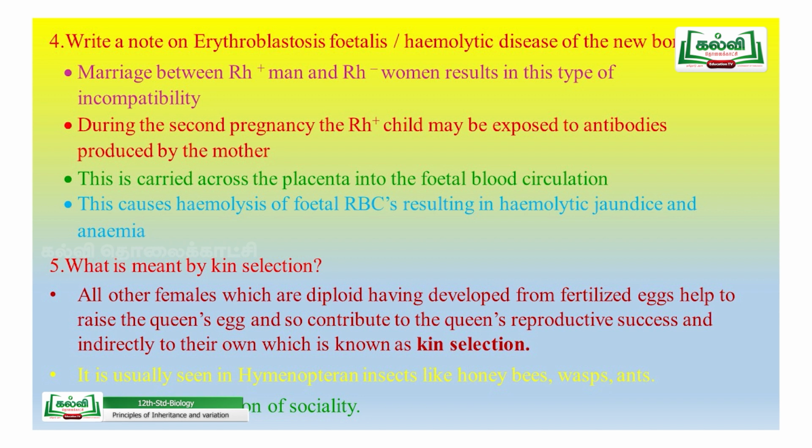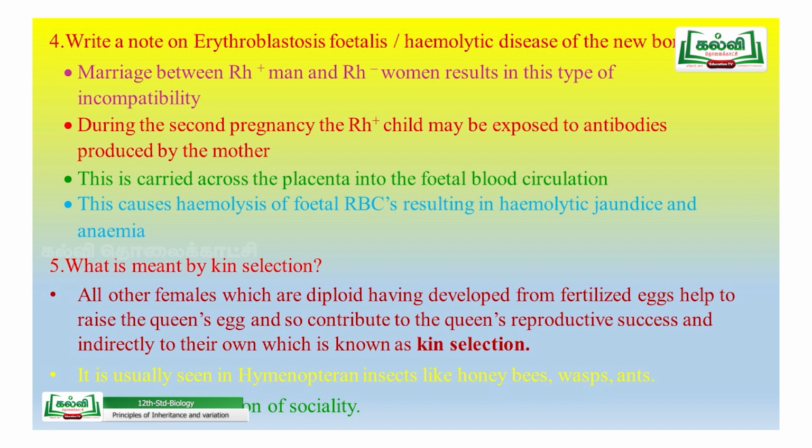During the second pregnancy, the Rh positive child may be exposed to antibodies produced by the mother during the first pregnancy. These are carried across the placenta into the fetal blood circulation, and this causes hemolysis of the fetal RBCs, resulting in hemolytic jaundice or anemia.